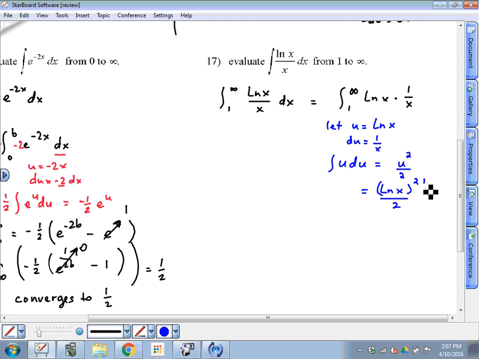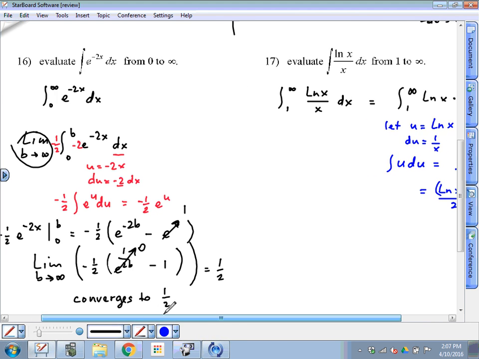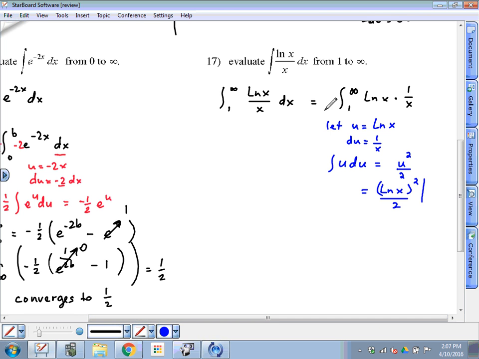And that's going to be evaluated. Well, we need to use the same limit situation here because the upper bound is infinity, so this is going to be the limit as b approaches infinity, and the upper bound there is b. So we're going to be evaluating this from 1 to b.